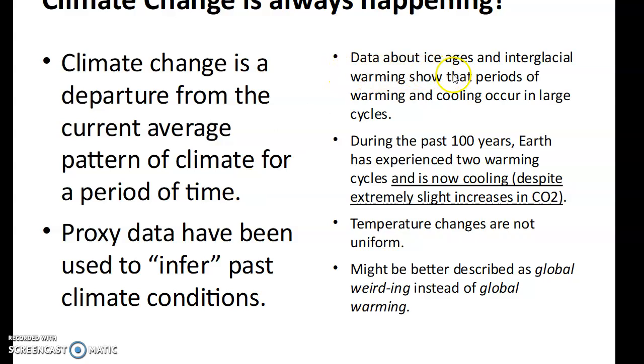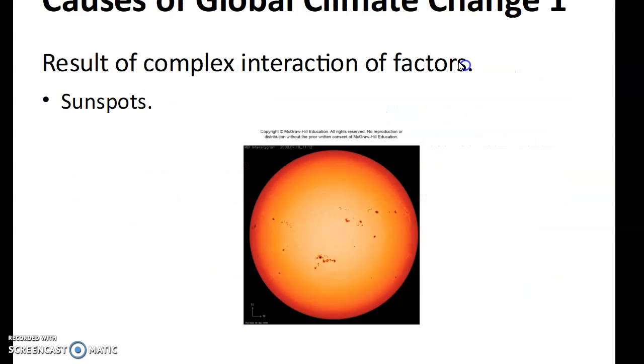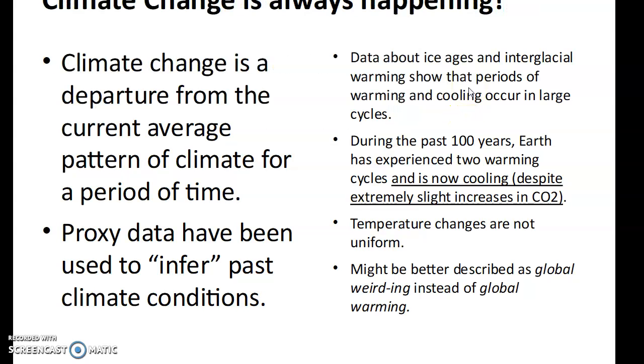Data about ice ages and interglacial warming show periods of warming and cooling occur in large cycles. Yes, that's true. During the past 100 years, Earth has experienced 2 warming cycles and is now cooling despite extremely slight increases in carbon dioxide. Okay, so what had been forecast in 1990 was that the increase, if we didn't do something to control the carbon dioxide, this heating was just going to continue.